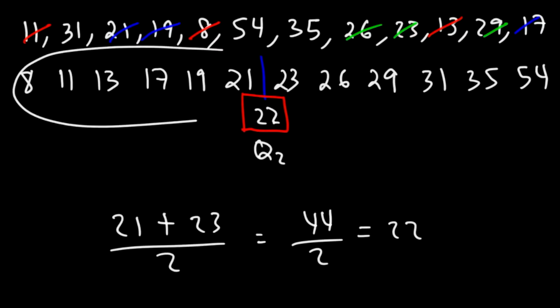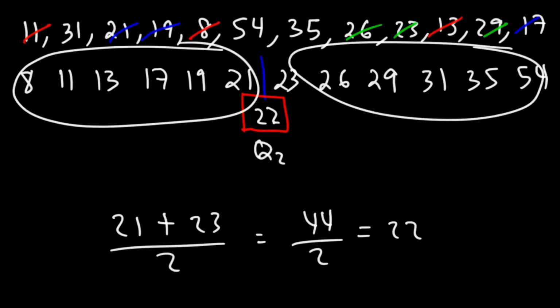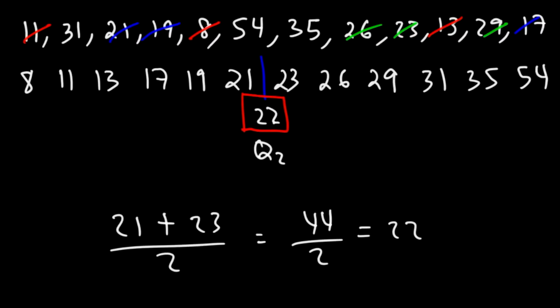Now we have 6 numbers on the left and 6 numbers on the right. So now we need to find the first quartile. What is the median of these 6 numbers? If we eliminate these two and then those two, we have 2 numbers in the middle, so we need to average those 2 numbers.